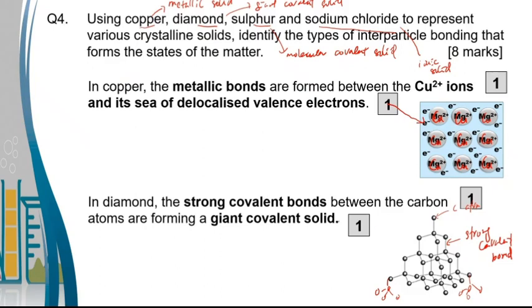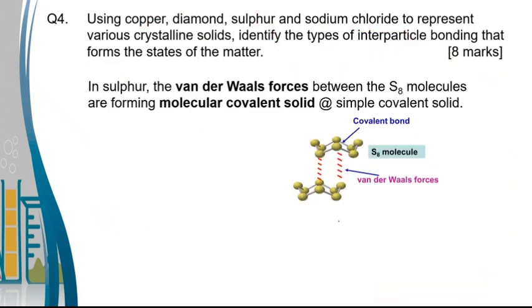As for sulfur and sodium chloride, in sulfur, the van der Waals forces between the S8 molecules form a molecular covalent solid or simple covalent solid. 1 mark goes to the bonding and 1 mark is for the structure, the molecular covalent solid. This diagram shows the S8 molecule.